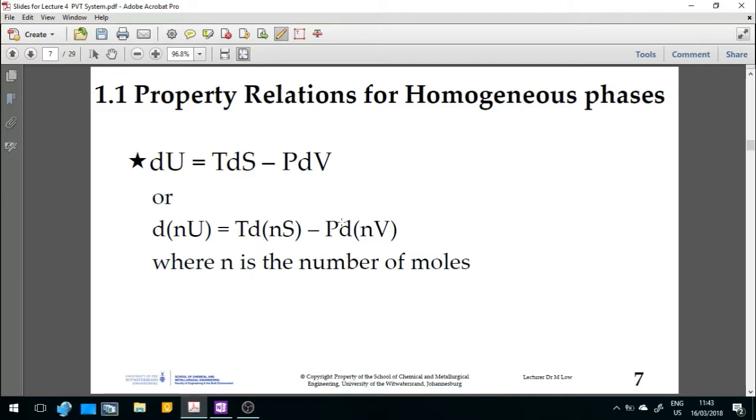relationships. So we just recalled how dU equals TdS minus PdV, and this is the equation for the first law of thermodynamics, where dU is represented in terms of all the thermodynamic properties: temperature, entropy, pressure, and volume. It incorporates the first law, and inherently it incorporates the second law because it has dS as well.